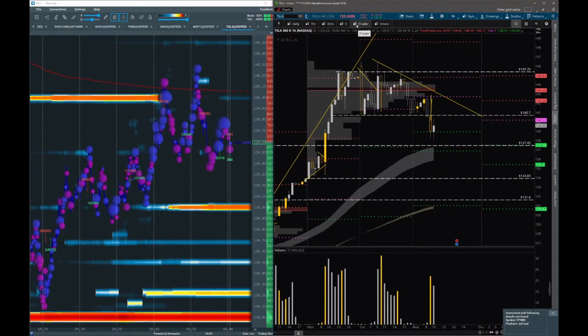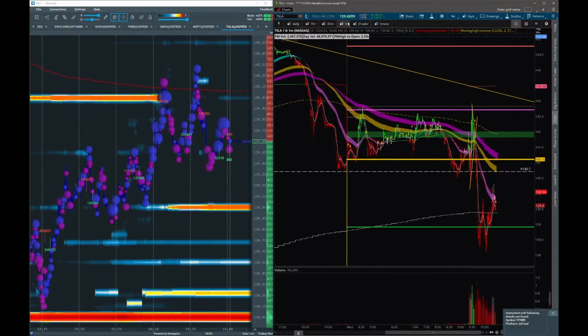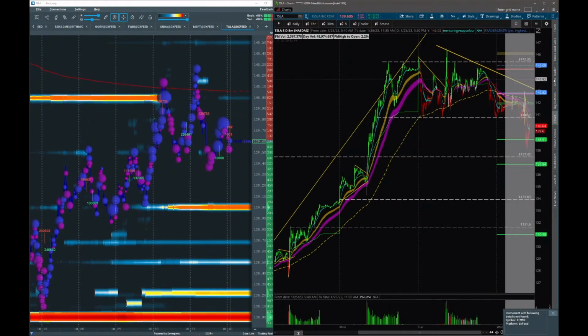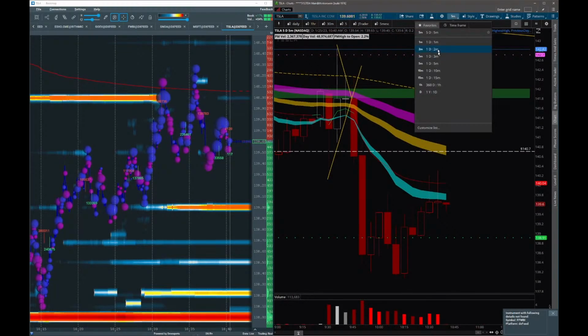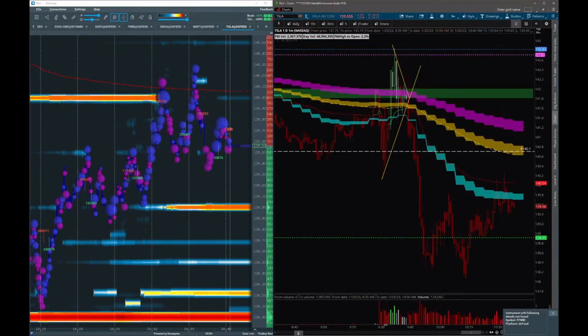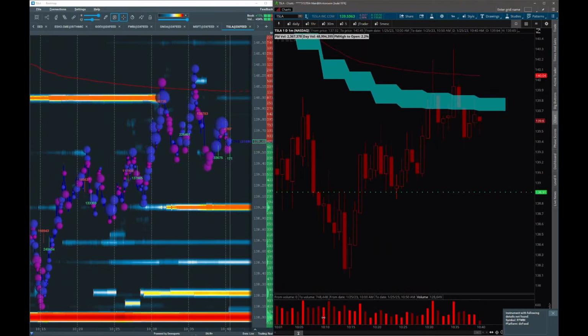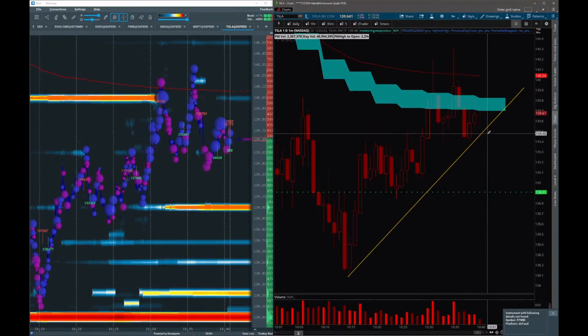All right, let's go back to Tesla. I'm watching over here the possibility of a short below this trend line and rejection.